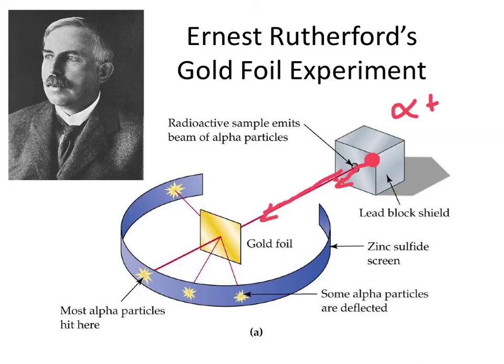Right in the line of fire, he put some gold foil. He used gold because it's one of the most malleable metals, and he could hammer it very, very, very thin. His thought was, if I get this foil thin enough, and if J.J. Thomson's hypothesis is correct, then this beam of alpha particles should be able to pass right through the gold foil without bumping into anything.